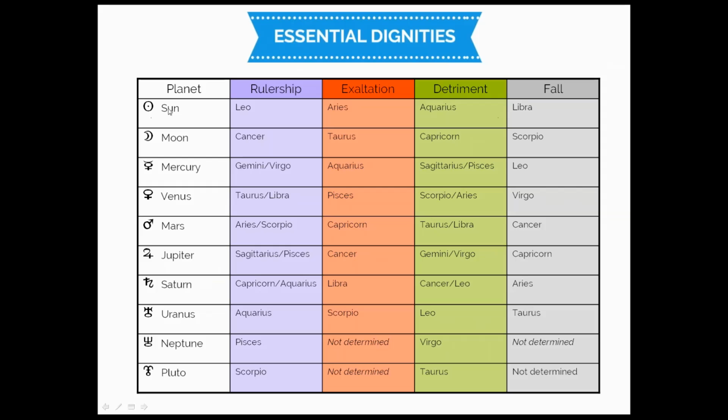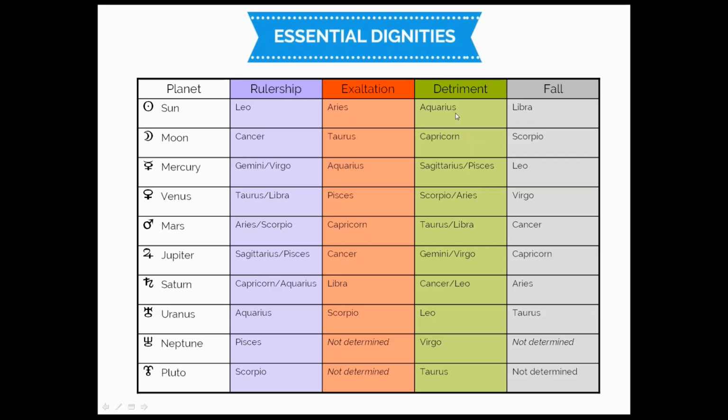The nature of the Sun, for instance, is such because it's about discovering who you are. That works really well in a sign like Leo. And it works pretty well in Aries, which is the sign of its exaltation, which means it's a sign it does really well in. But it has a hard time in Aquarius and Libra. The sign of detriment is the sign opposite the sign of rulership.